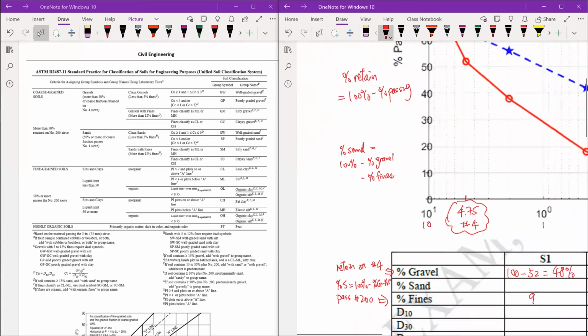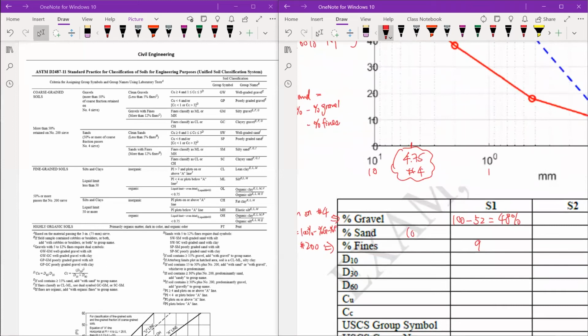For this case, it equals 100 minus 48% minus 9%. Then for the percent sand, we get 43%.